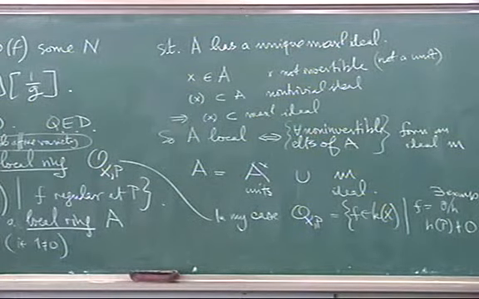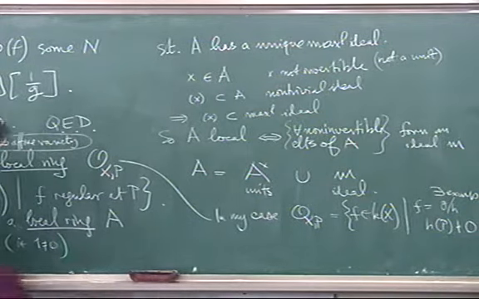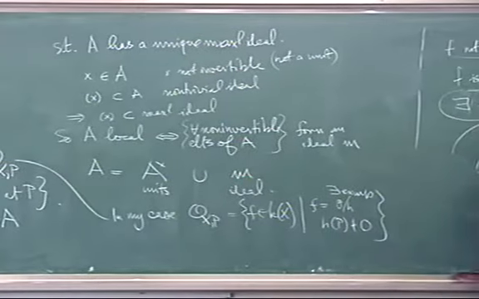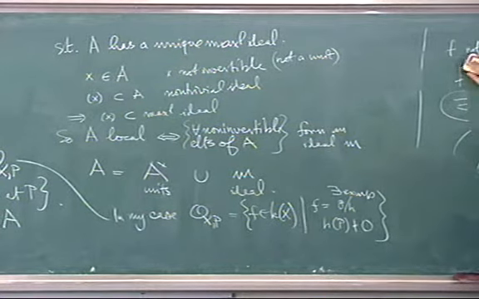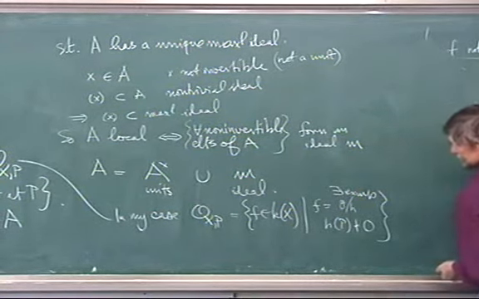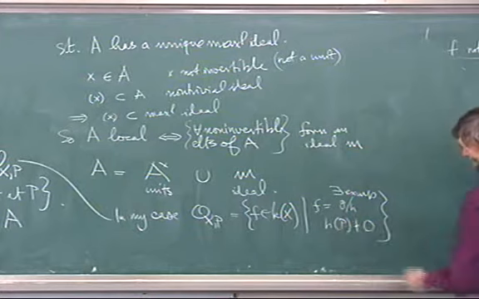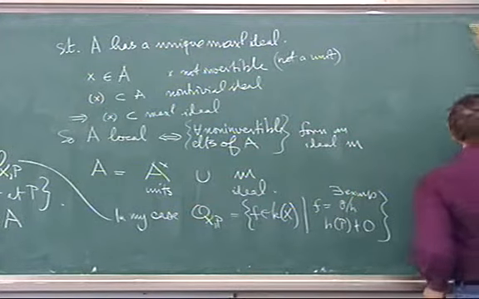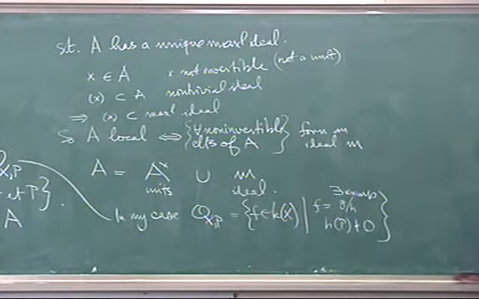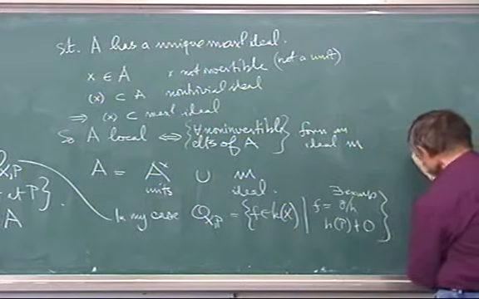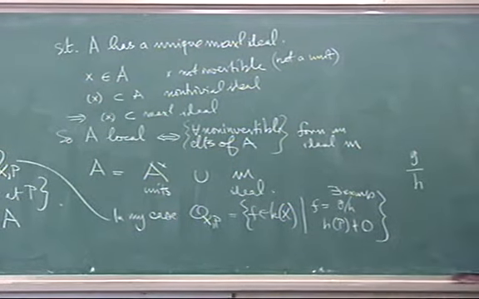So what does it mean to say that this element is not invertible? Can anybody see that? I've got this f written as numerator over denominator, or possibly in the Far East you should say denominator over numerator, I don't know. So I've got this g over h, and what's the inverse of g over h?